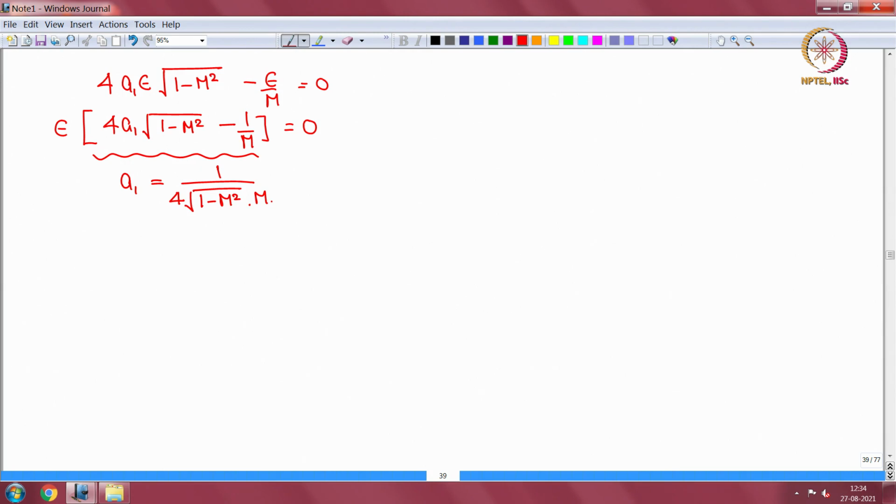So I have got my a1 correction. What is my corrected zeta?